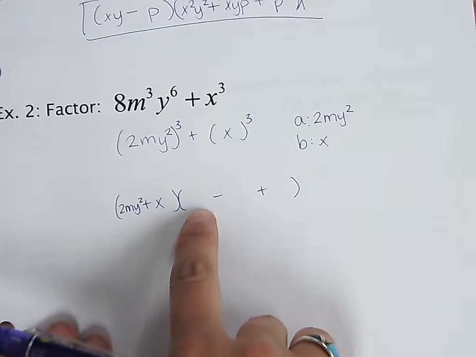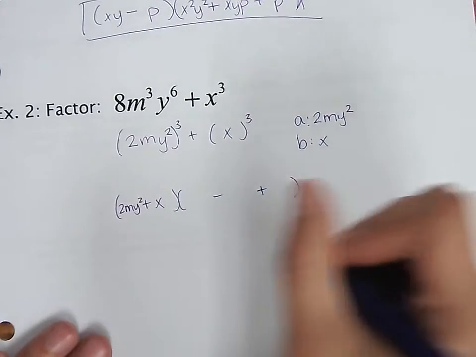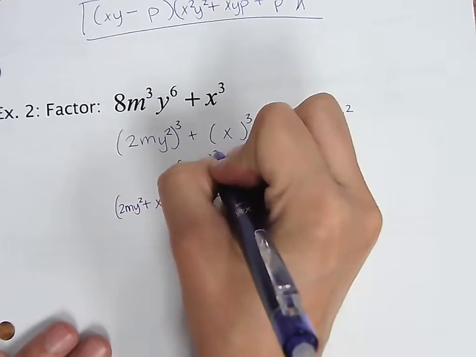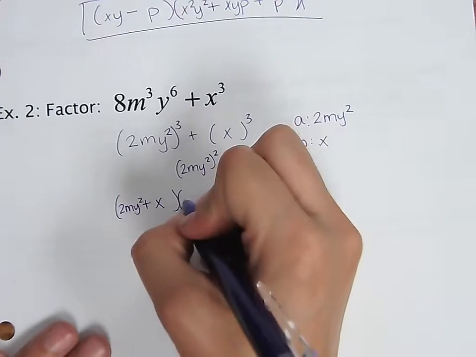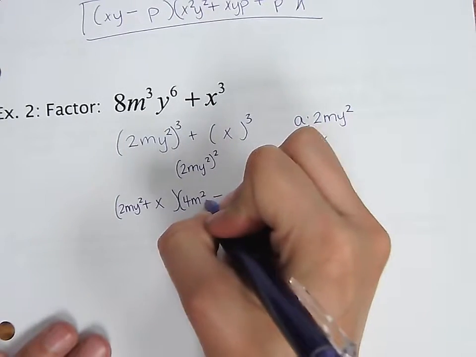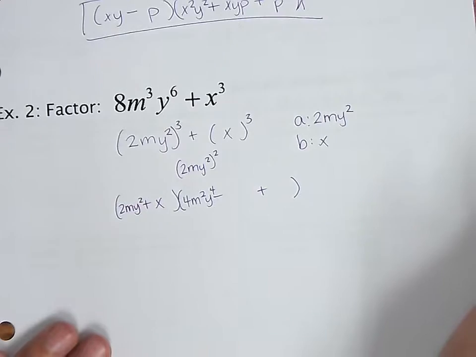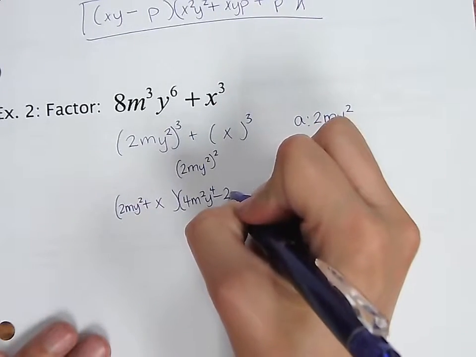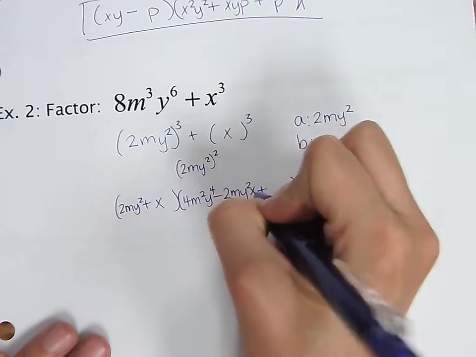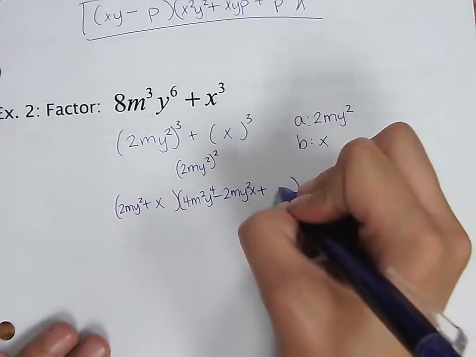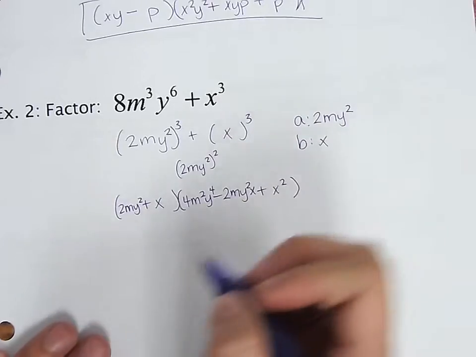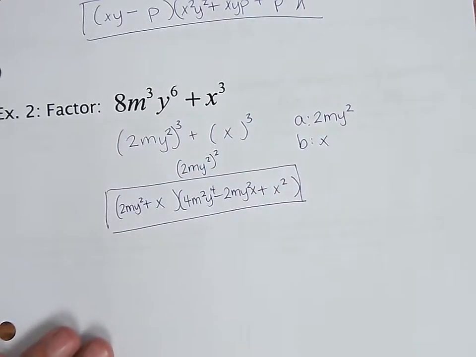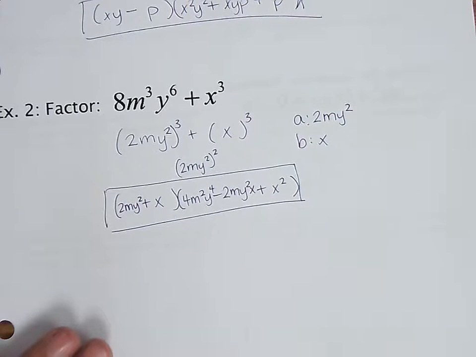A squared, so we need to actually square this term. 2my squared squared would be 4m squared y to the 4th. A times b, we simply multiply, so 2my squared x. And then b squared is simply x squared. You might want to leave a little bit more space than I did, otherwise it'll be kind of tight.